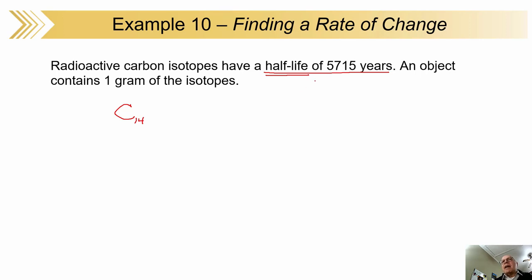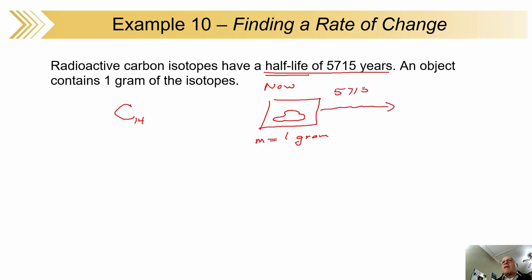The half-life means this. So you've got a box, and inside the box is a lump of this carbon 14. And it's got a certain mass. In this case, it's got a mass of 1 gram. Now, you're going to step into your time machine and go forward 5,715 years.